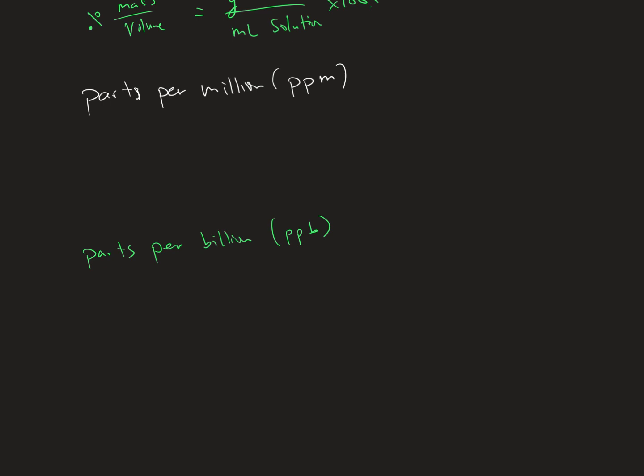So here is the formula. For parts per million, well, let's use a different color. It's equal to parts of solute over parts of solution. Hold on a sec. What do we mean when we say parts?